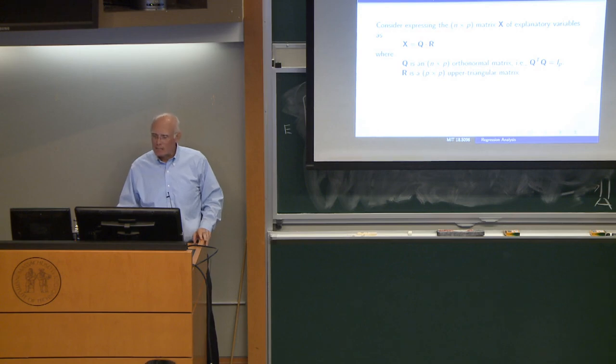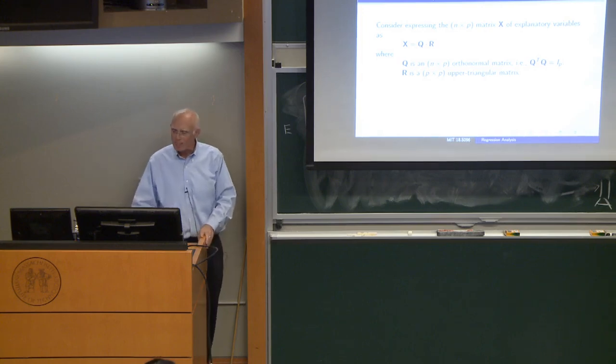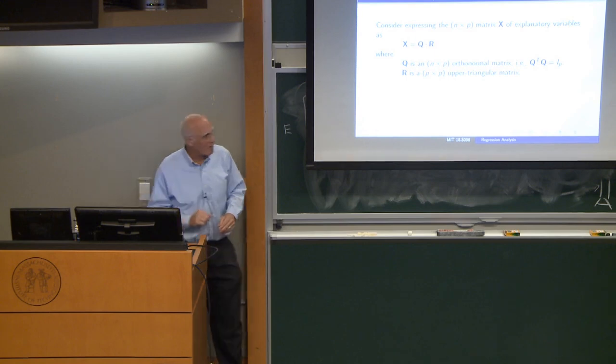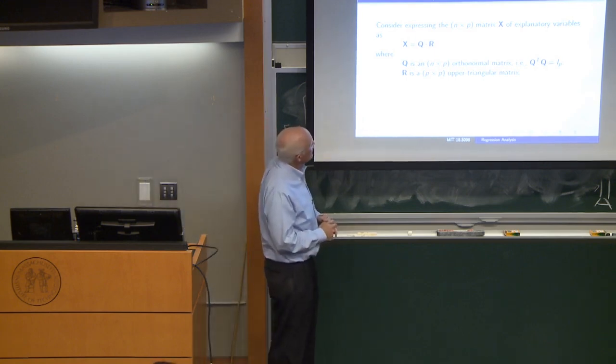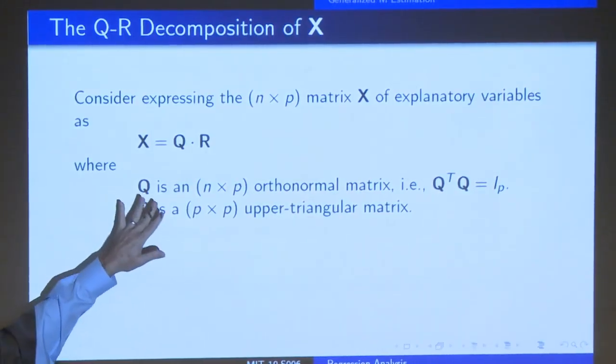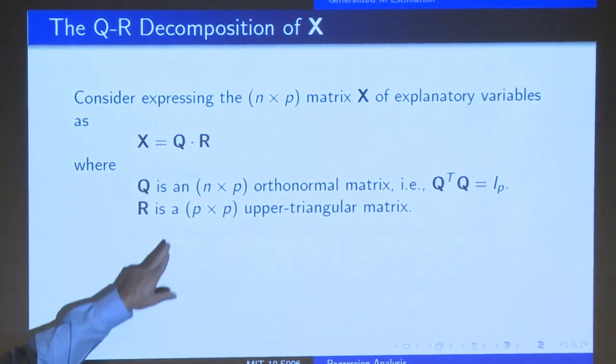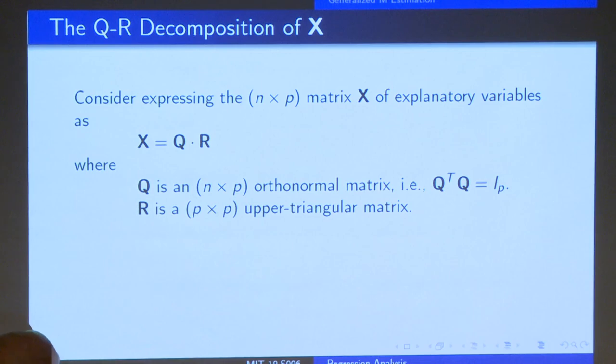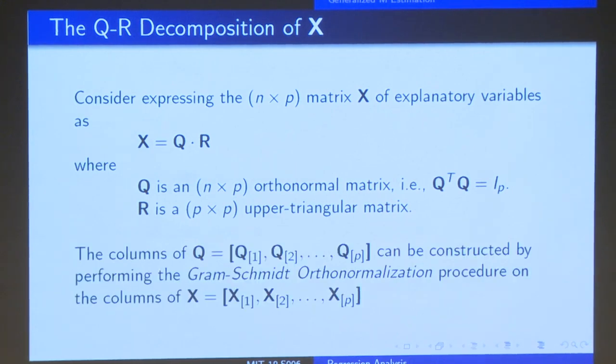Okay, let's now turn to another related topic, the QR decomposition of X. With our independent variables X, we want to express this as a product of an orthonormal matrix Q, which is n by p, and an upper triangular matrix R. It turns out that any n by p matrix can be expressed in this form, and we'll quickly show you how that can be accomplished.